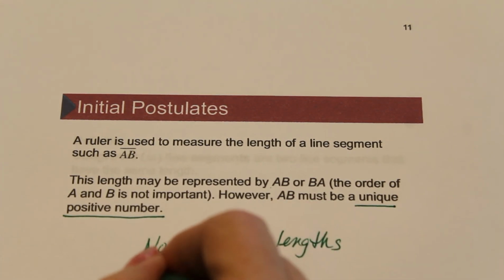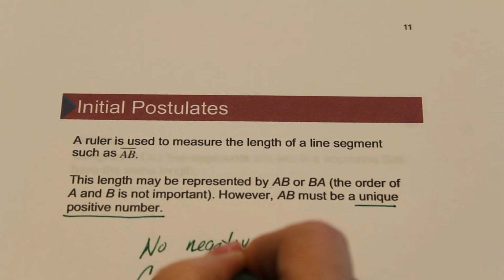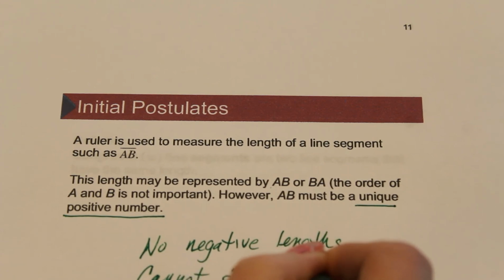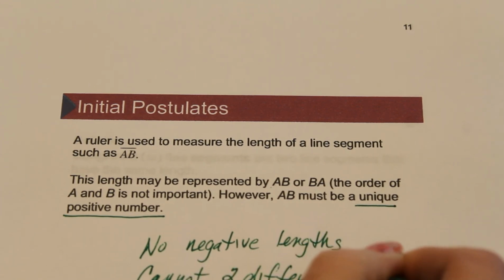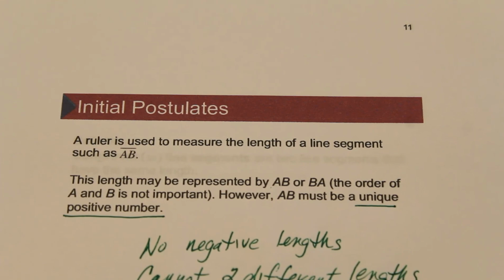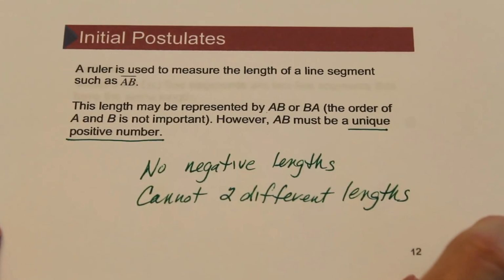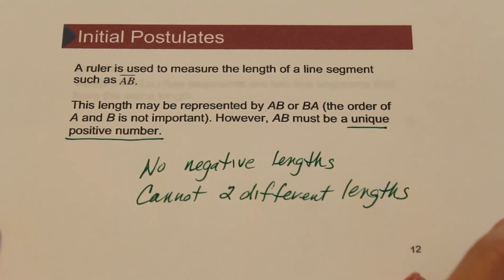And a line segment cannot have 2 different lengths. A line segment can't be 3 inches and 5 inches at the same time. And a line segment cannot be negative 2 inches either.